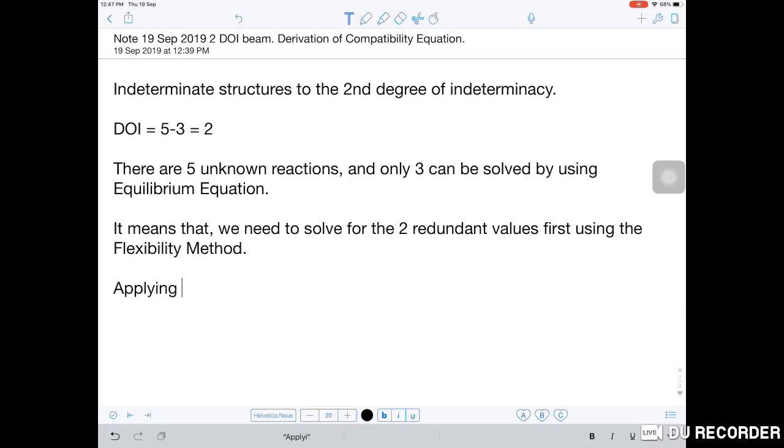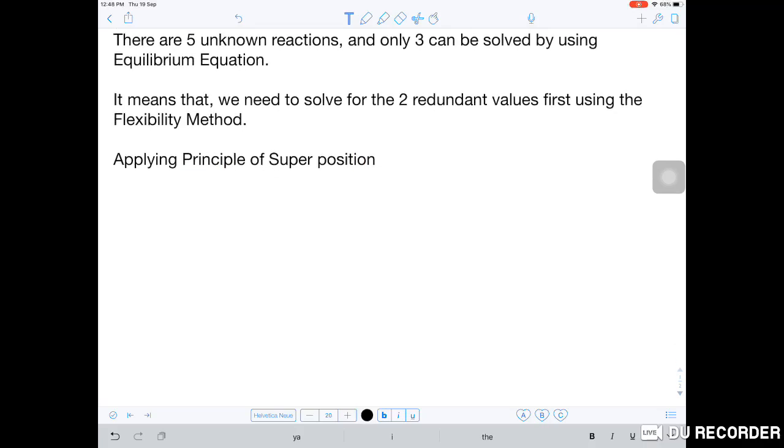Applying principle of superposition, the general equation: actual structure equal to primary structure plus redundant structure.